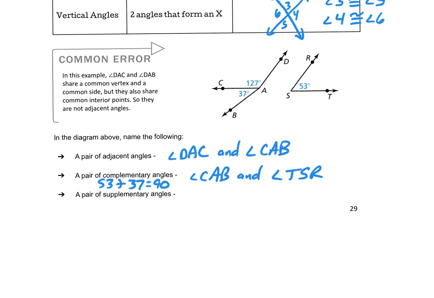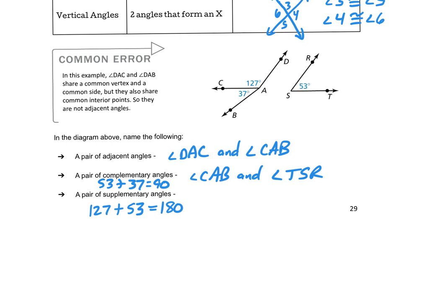Okay. And there's more than one way to name those. Like this one over here, I told you that we could just call it angle S if we want to. I could call it RST, I could call it TSR. There's a lot of different ways that I can name it. Okay, supplementary, what do we need them to add up to be? 180, okay? So I need two angles that add up to be 180. So 127 plus 53 equals 180.